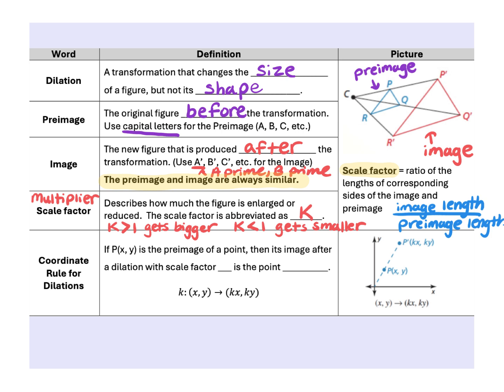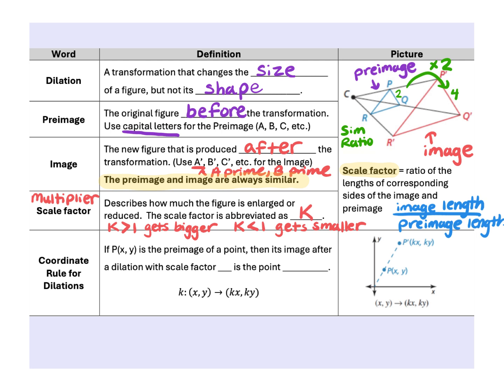So let's just say in my picture, let's say this is a 2 and this is a 4. Well, my scale factor is 2 because I multiply 2 by 2 and it gets twice as big, it becomes a 4. But the similarity ratio would be the ratio of the original to its image.